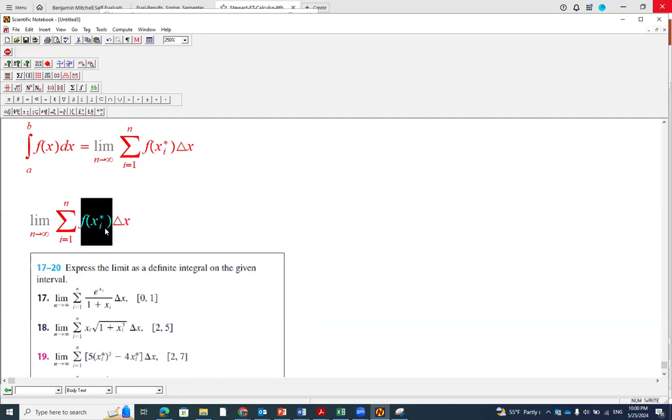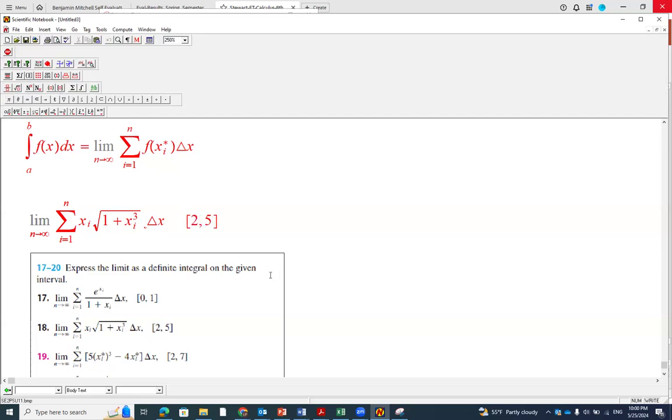In the limit, in the place of f of x sub i, we got x sub i multiplied by the square root of 1 plus x sub i to the power 3, and delta x obviously is the width of the rectangle, and the interval is between 2 and 5.